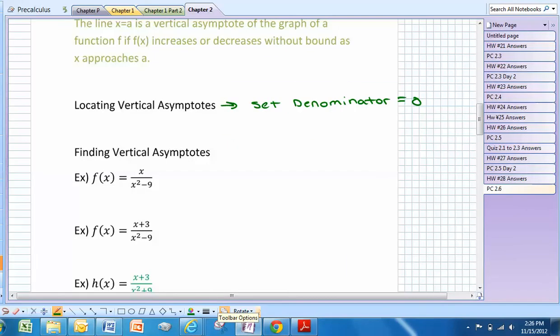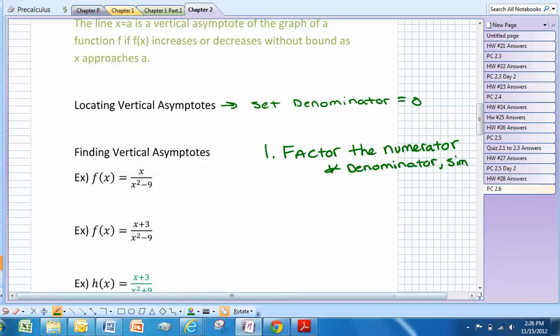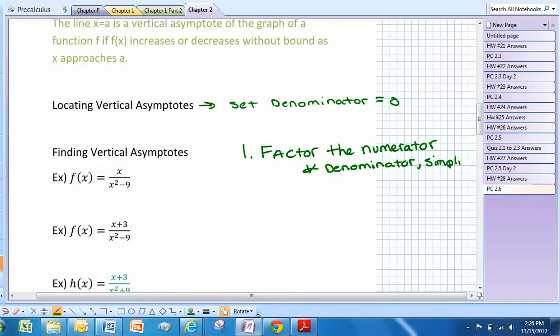So to figure out how to find the vertical asymptotes, first we're going to factor the numerator and the denominator, and we're going to simplify if possible.